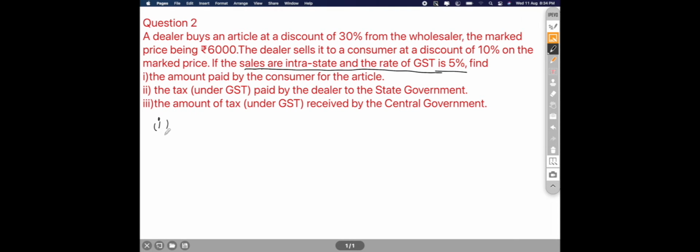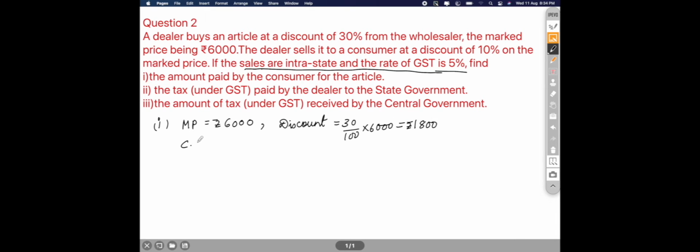So I need to know what is the cost price for the consumer. Marked price is given as rupees 6,000. Discount received by the dealer is 30% of 6,000. That counts to 1,800 rupees.